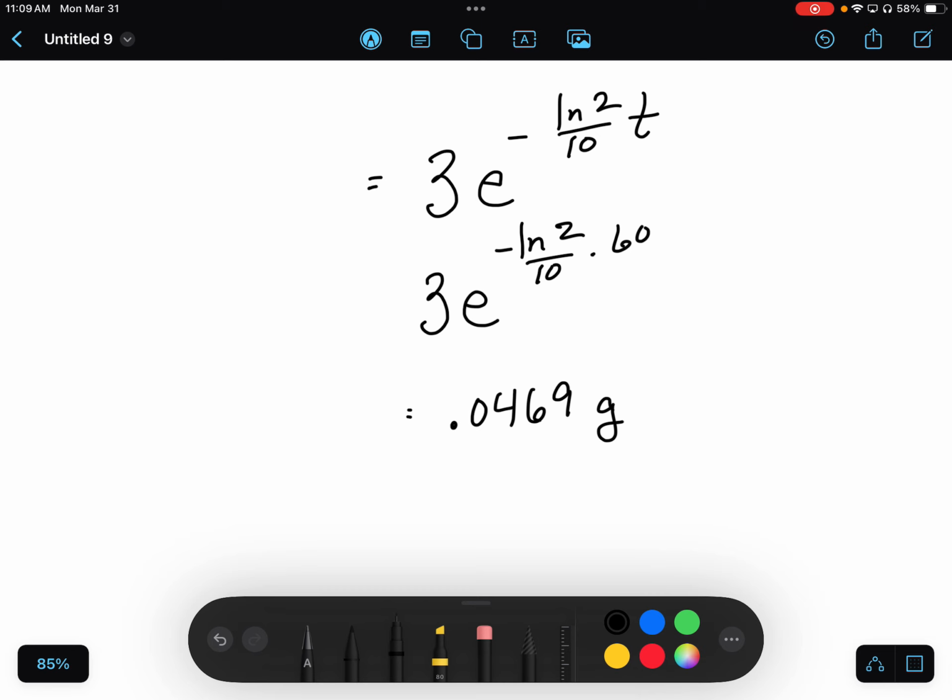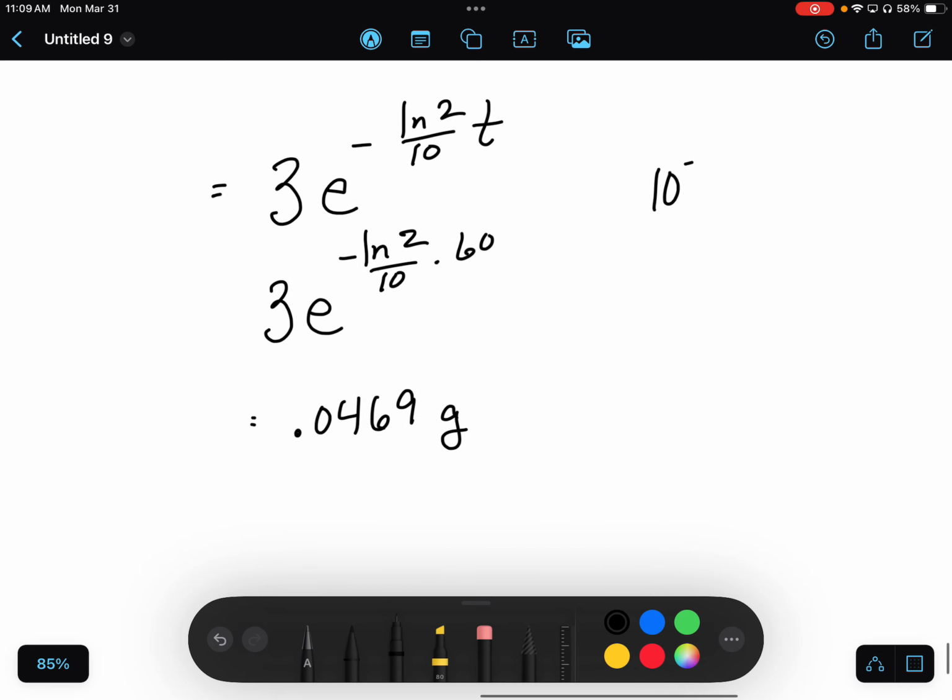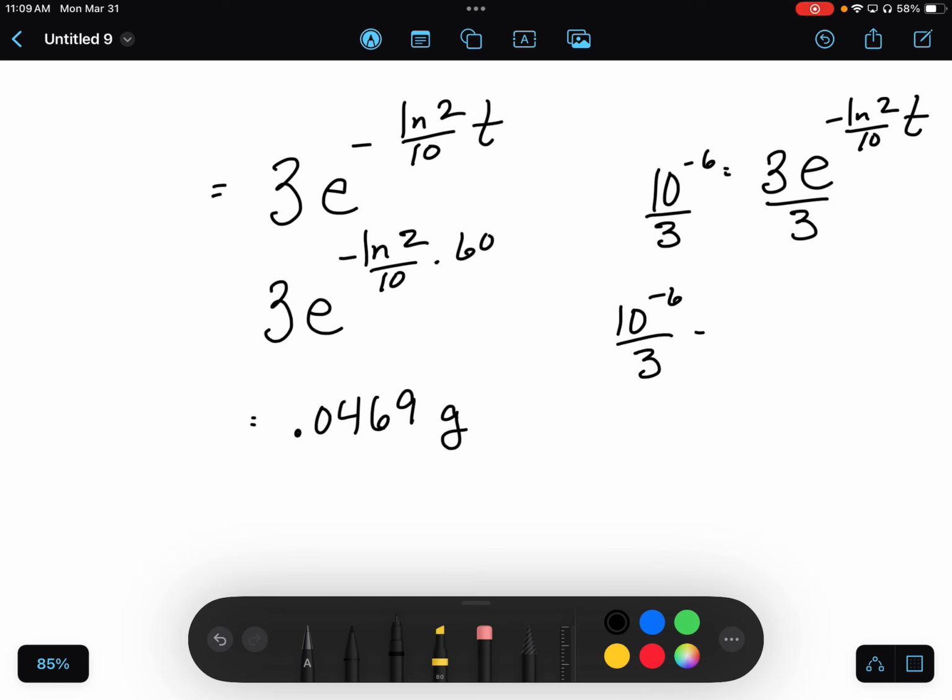How long will it take to reach 1 microgram? Again, that's where you'd put 10 to the negative 6 on this side, 3e to the negative ln of 2 over 10 t. Solve for t. We've already done a few like this. They're just the same things over and over again. Divide by 3. So whatever that number happens to be, it's probably not very user-friendly.